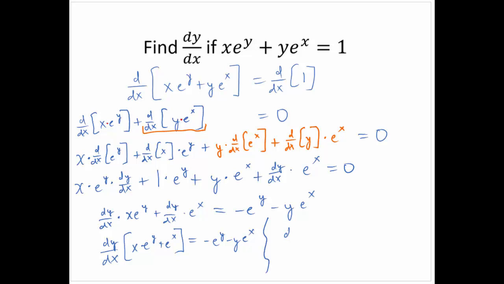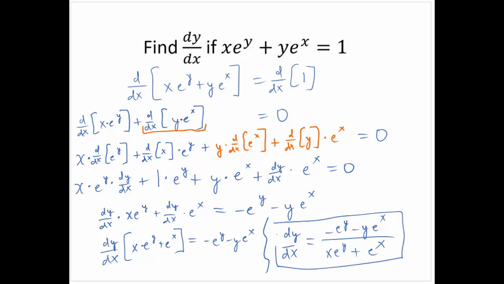So now I can isolate dy/dx by division, and dy/dx would be negative e^y minus y e^x over x e^y plus e^x. And so there's dy/dx through implicit differentiation.